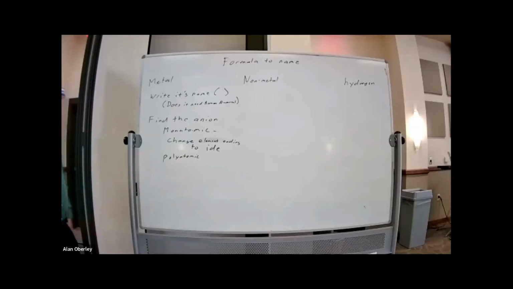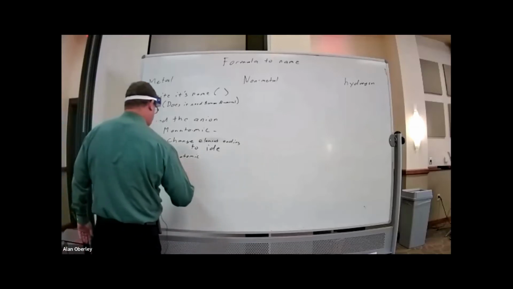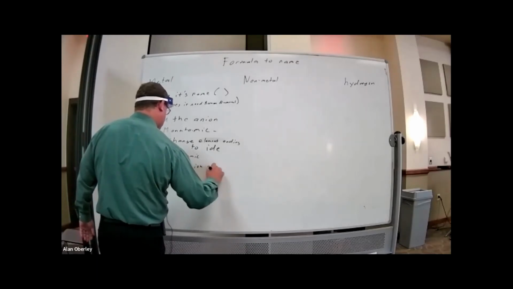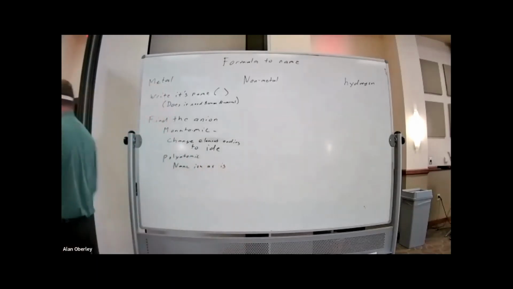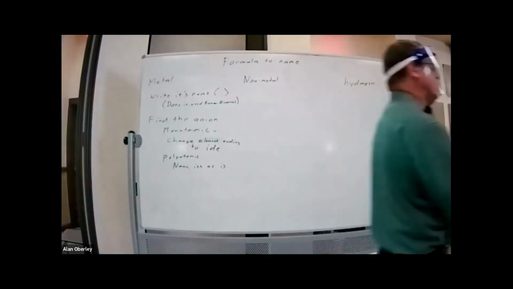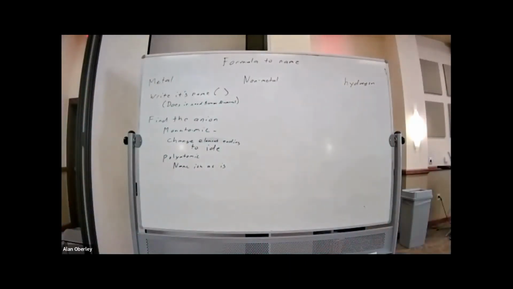But you just need to name the polyatomic ion. So if it's a polyatomic ion like carbonate, you're just going to put carbonate down. You don't change the polyatomic ion ending at all.